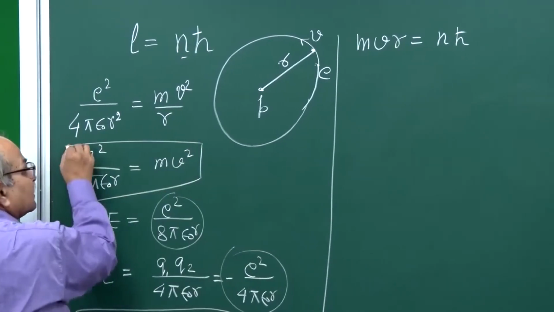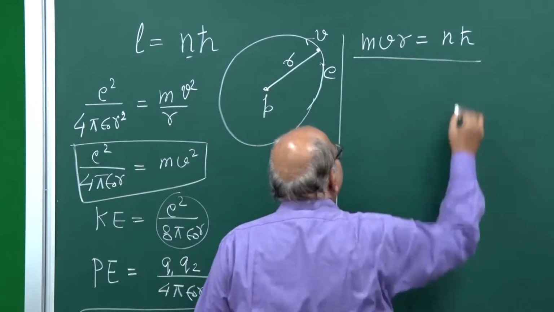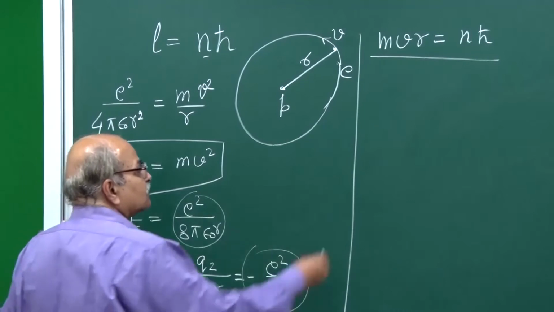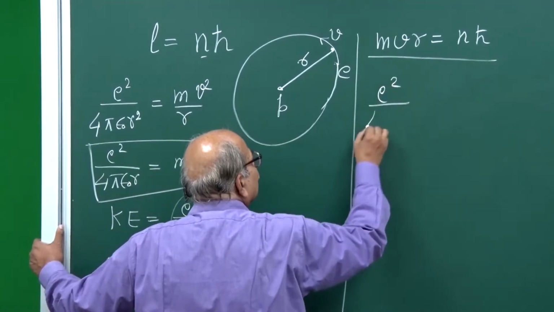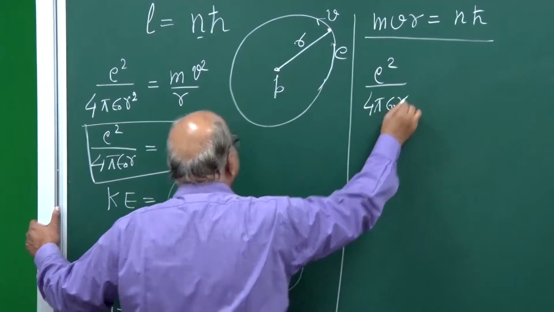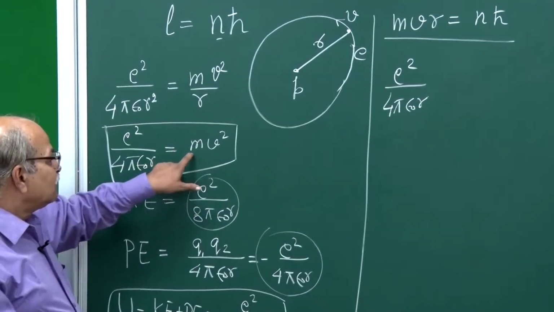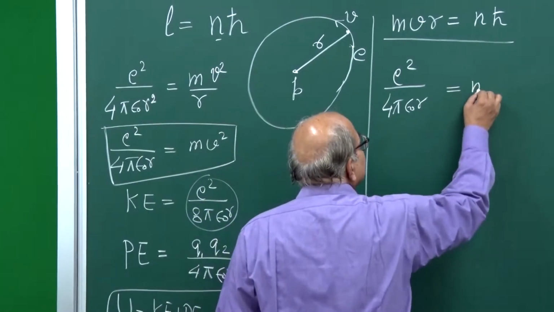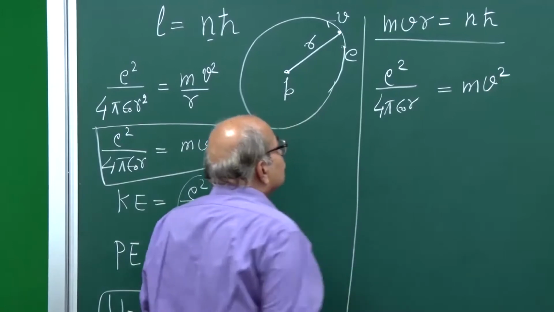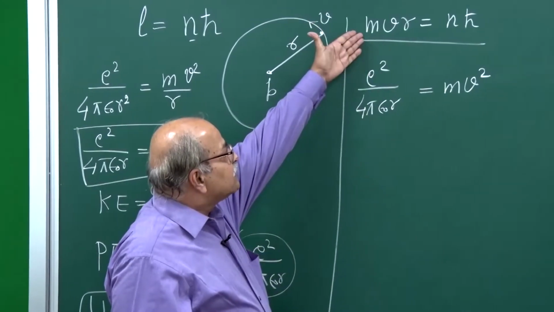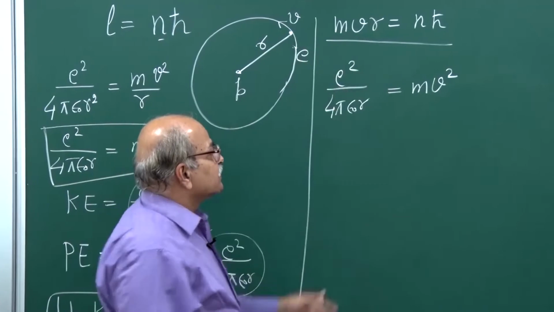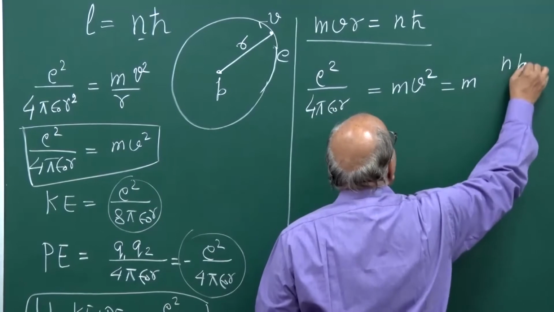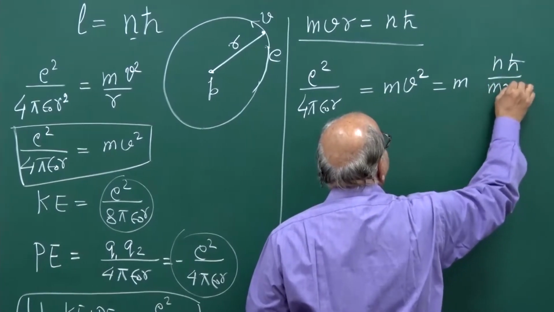Here you have e square over 4 pi epsilon naught r equal to m times v square. From these two equations eliminate v: get v from here and put it here.